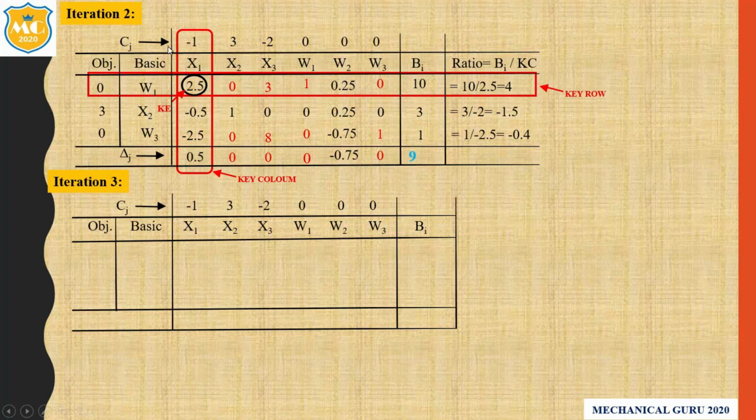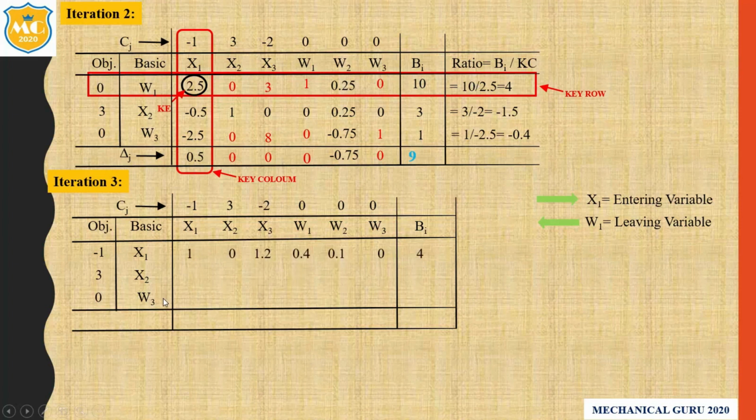Okay, so here x1 is the entering variable and w1 is the leaving variable. So first we have to replace this value 0 w1, in that we have to write down minus 1 x1, remaining as it is. Okay, same equation we have to use: each element of the key row divided by the key element. So here we get this value. Okay, next we have to apply the shortcut method. x1, so for w1 it is 1 0 0 0.